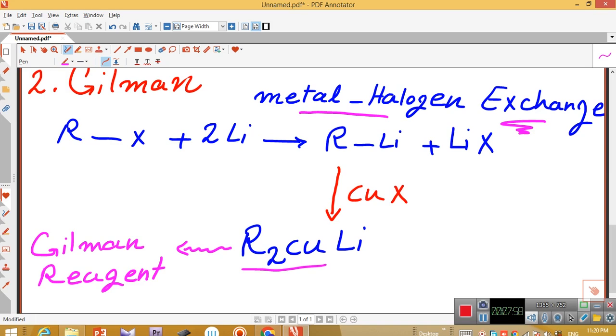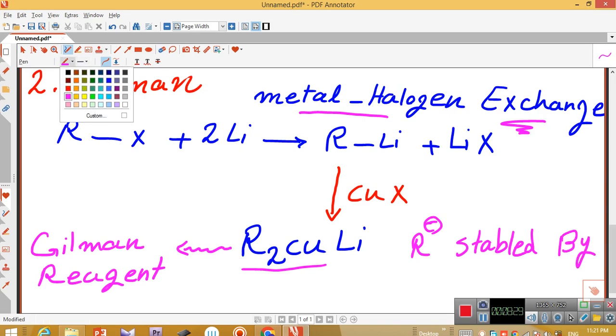It is very easy: in R2Cu lithium we will have R negative, or carbanion, and this carbanion has been stabilized by the metal. What I mean is, elements such as carbon do not want to have any charge.